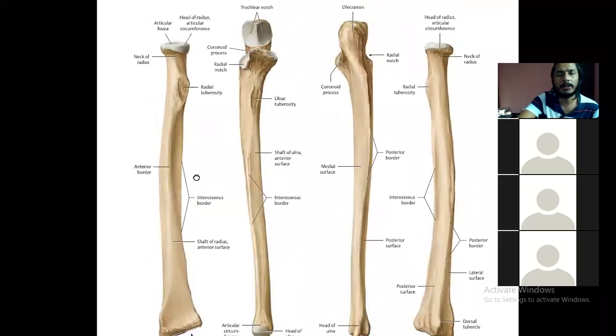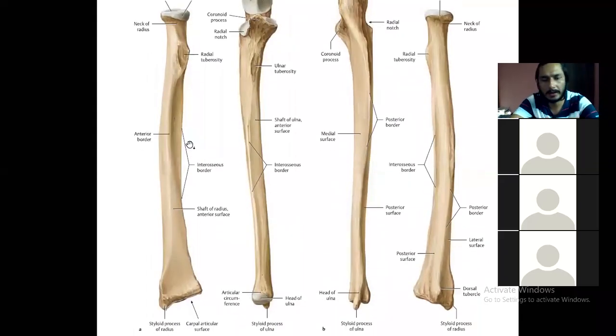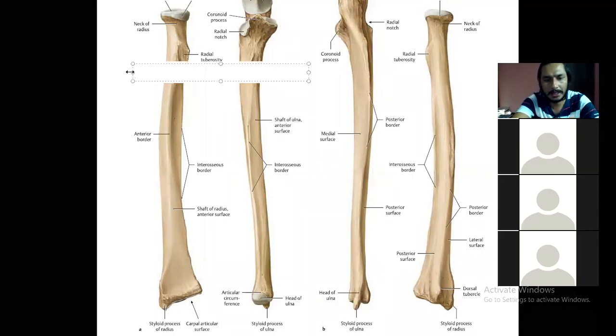So it extends between the supinator crest to the lateral side of the head of the ulna. Now the next border is the anterior border.